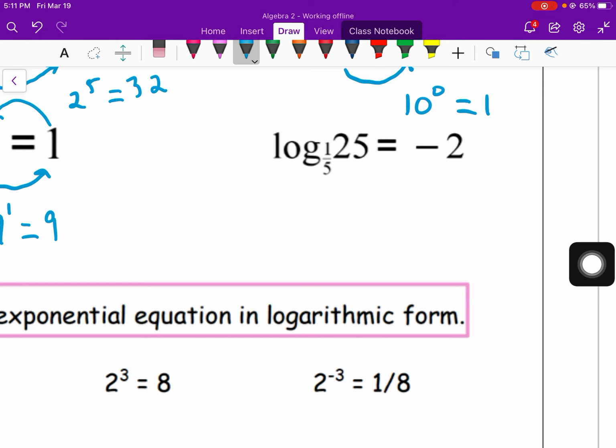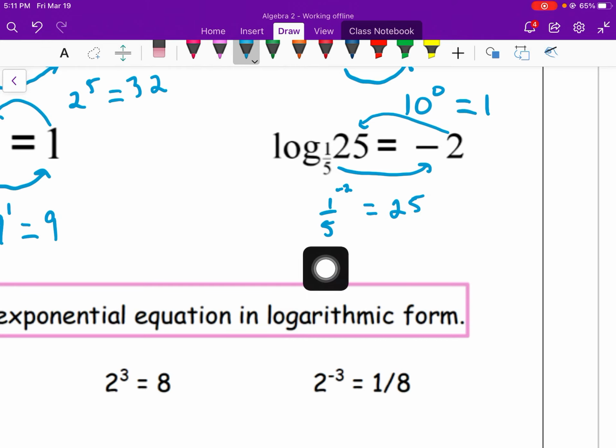Let's check this one here. It's going to be 1/5 to the power of -2, because we go this way, equals 25. In this case, since we have a fraction and it equals a nice whole number, we're going to want to take the reciprocal. Also notice that we have a negative exponent, so that also is an indicator that we'll need to take the reciprocal.